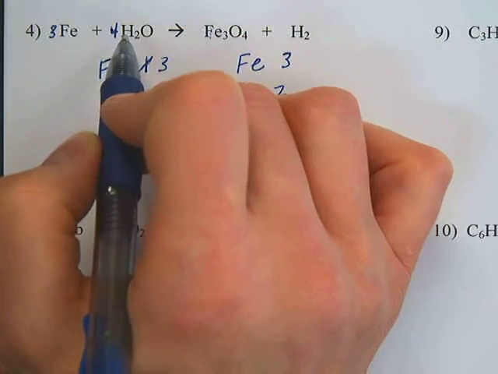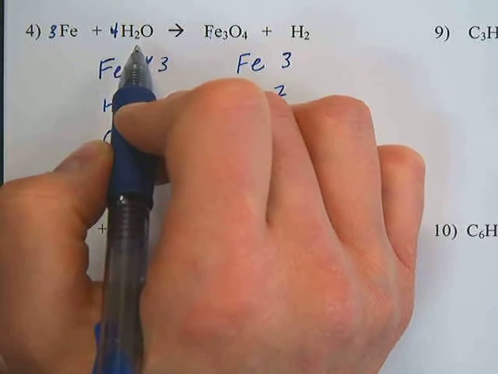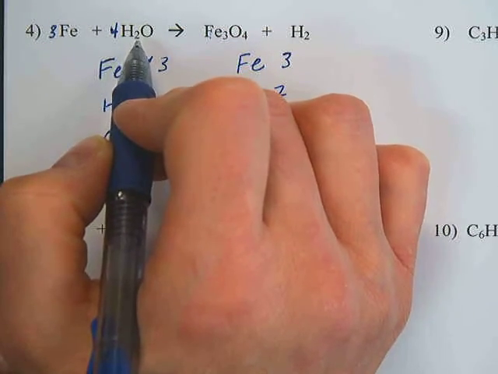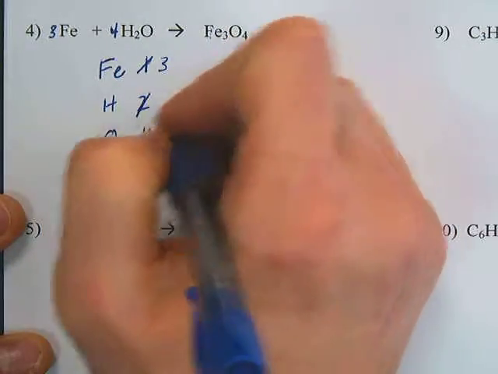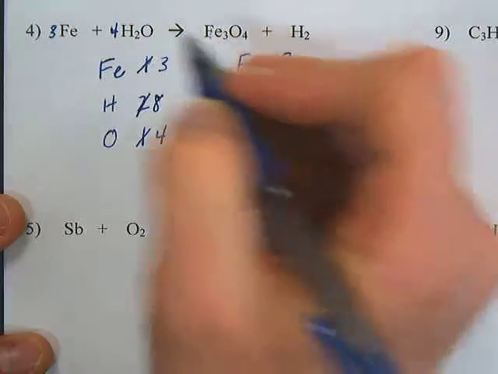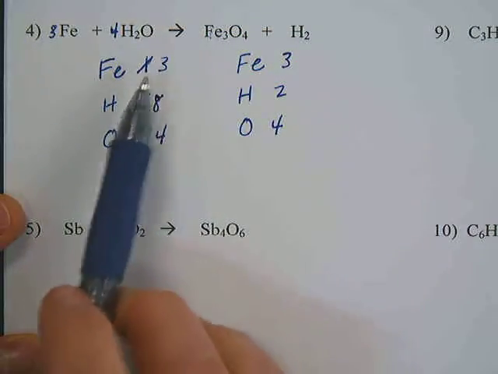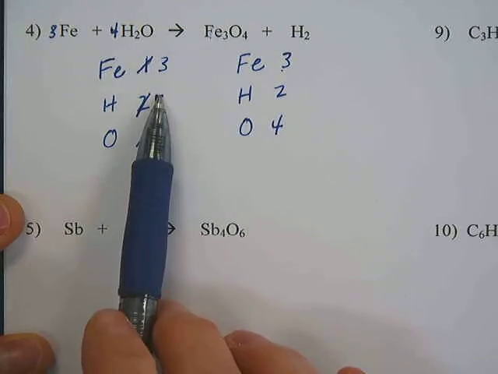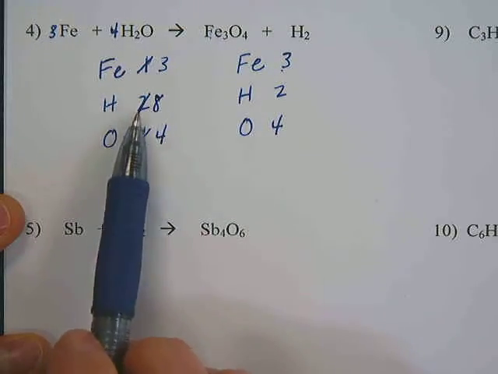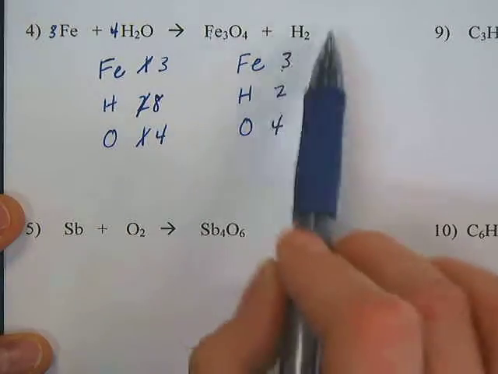So it changes the number of hydrogen atoms as well. So because each molecule of water has 2 atoms of hydrogen, and there's 4 water molecules now, we have 8 atoms of hydrogen total because 4 times 2 is 8. So now we have the irons balanced and the oxygens balanced, but we just threw the hydrogen out of balance. So we need to fix that.